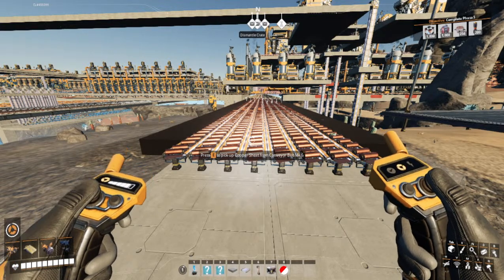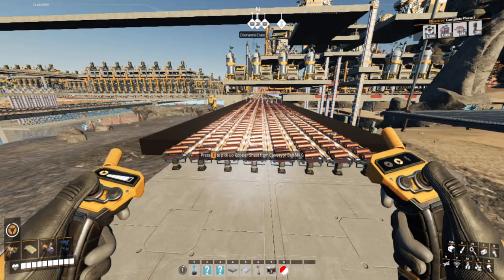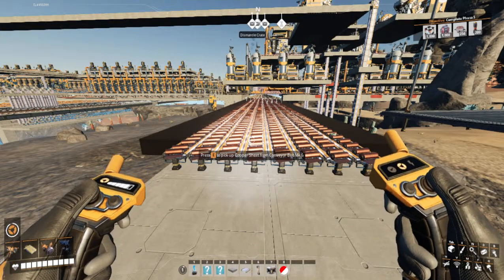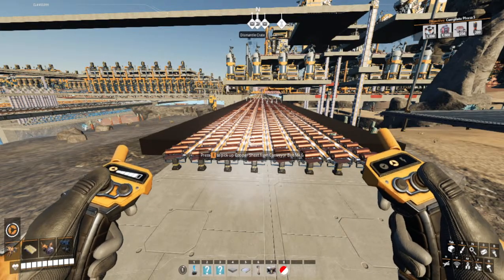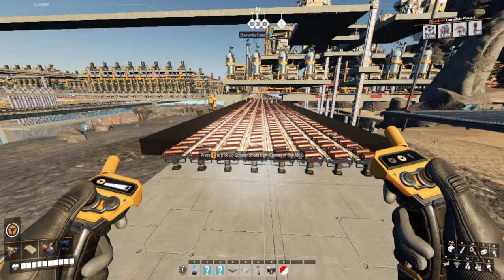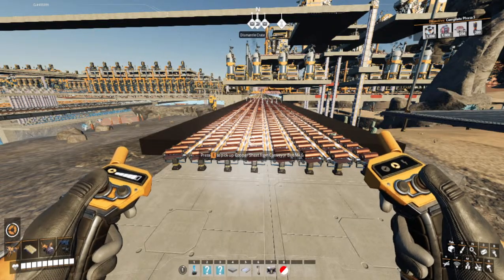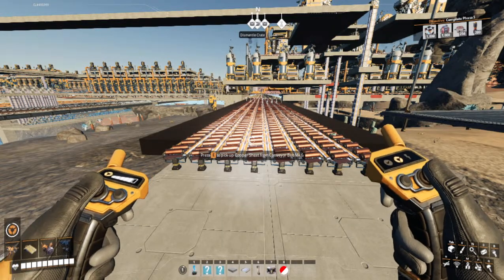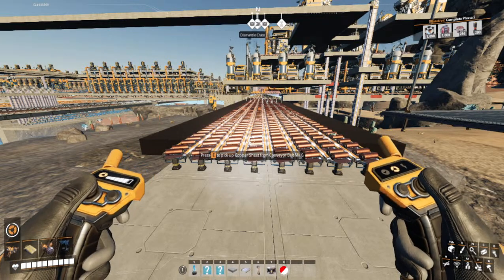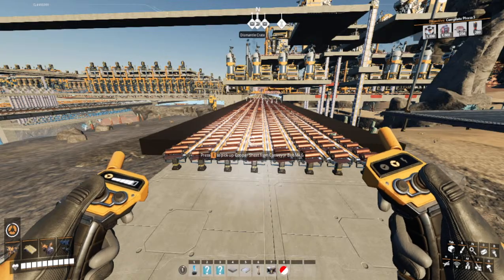Because there's 8 copper. 8 times 20 is 160. And how am I getting groupings of 20? 5 times 4, that's 20.